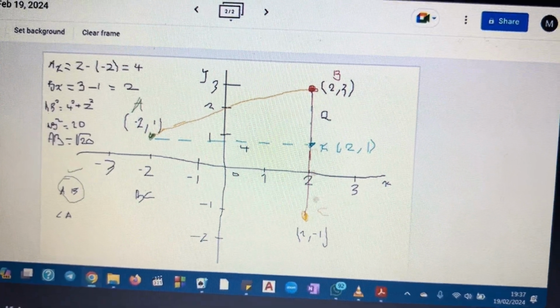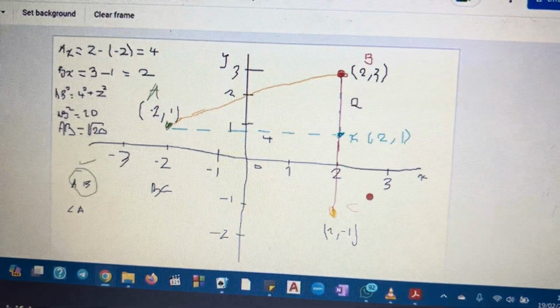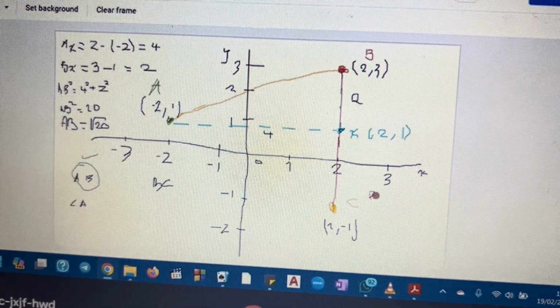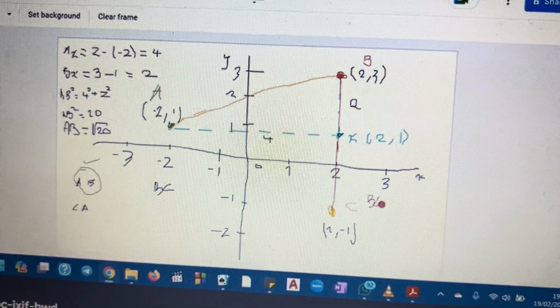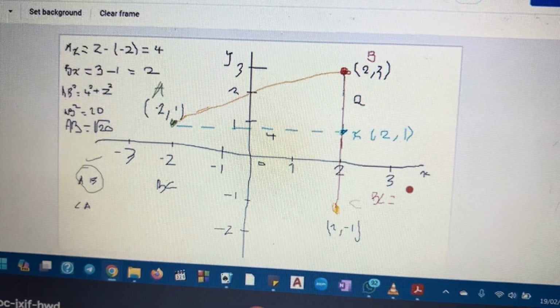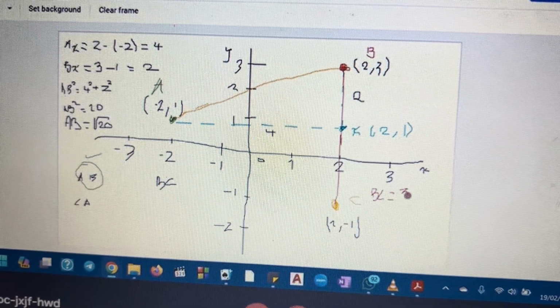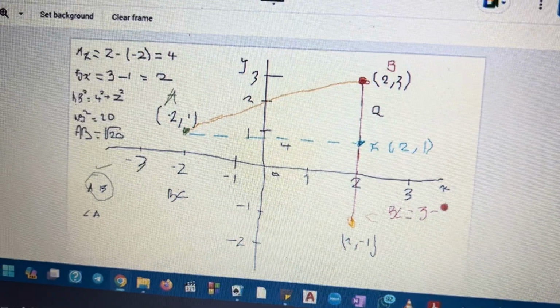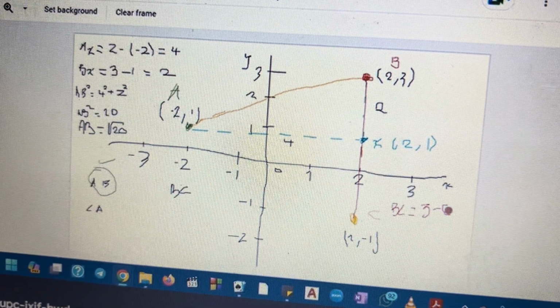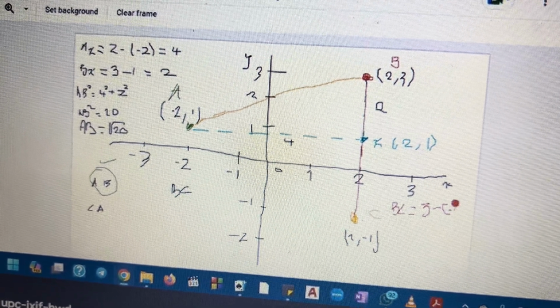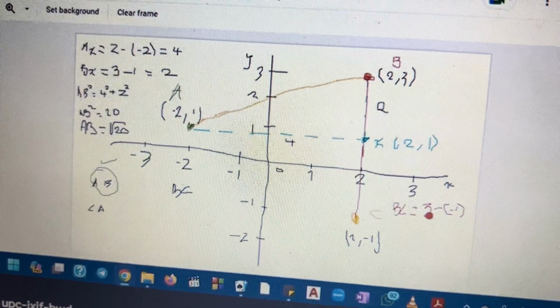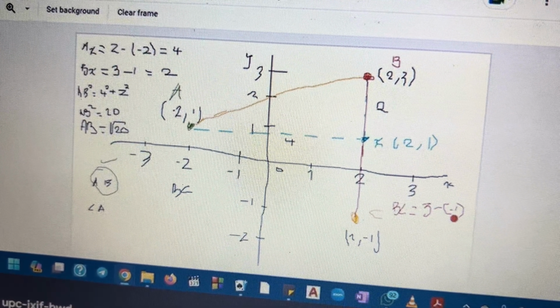So to get the distance between these two, BC is equal to the bigger number, which is 3, minus the smaller number, which is -1. And then here we have a negative and we have a negative inside.